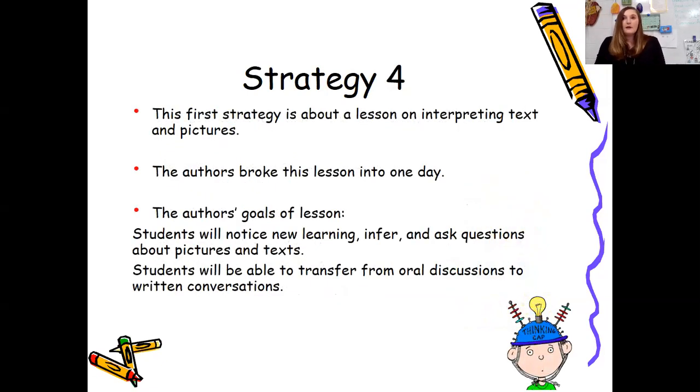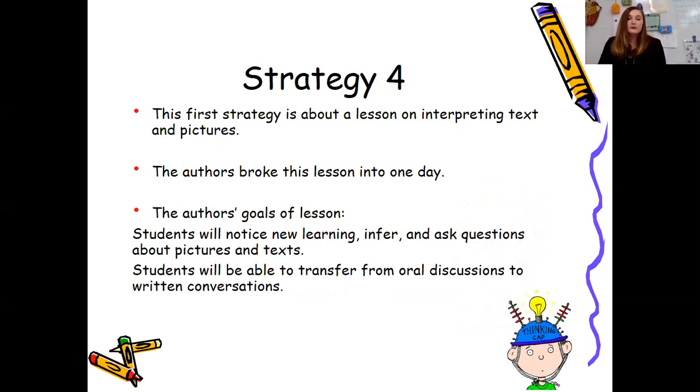All right, so we're going to focus on the last strategy. This will be the last thing that we talk about, and this lesson focuses on interpreting text and pictures. Again, this lesson is only one day, so you'd be able to do this in one class period, or if you really wanted to, you could break it up into different days. This is just what the book recommends.